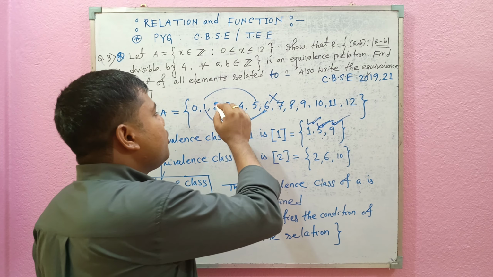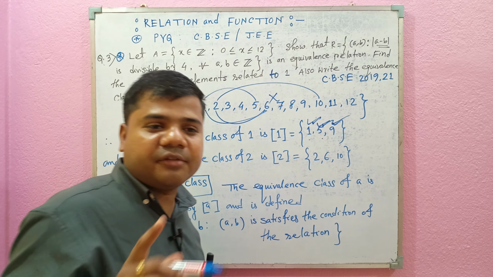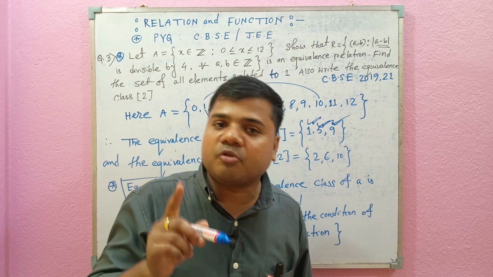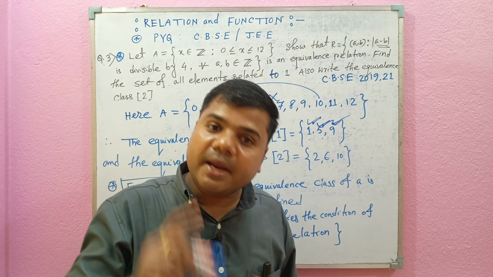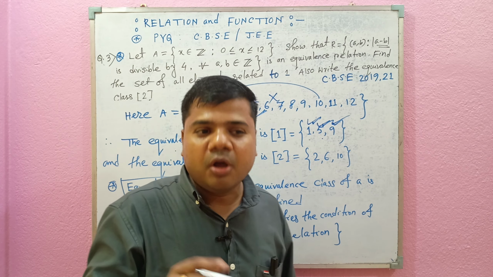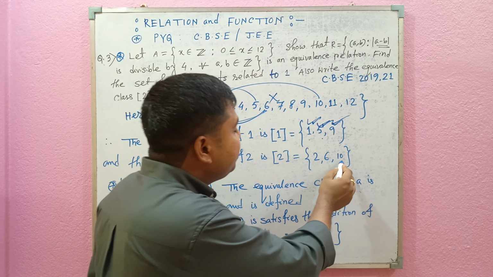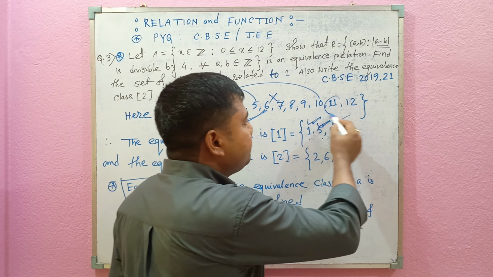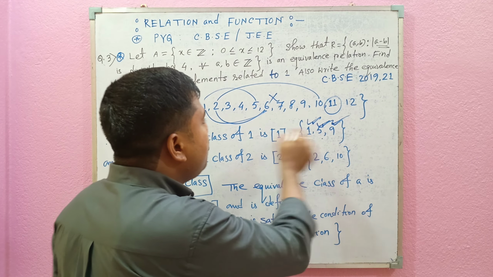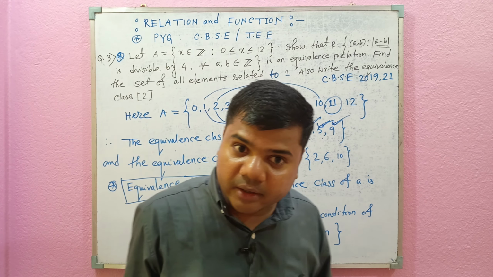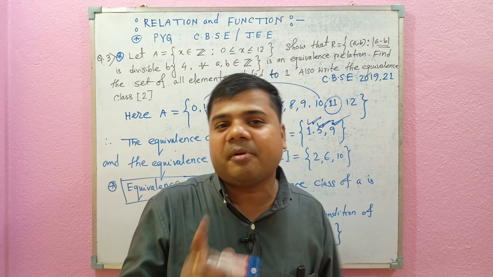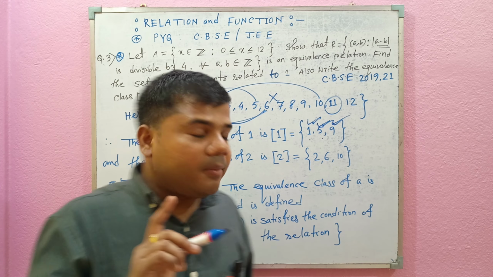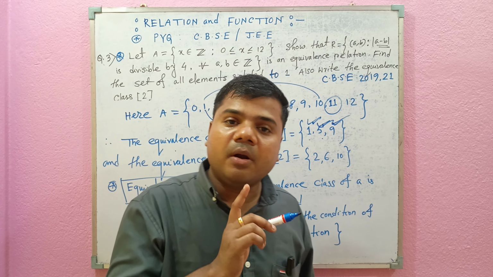And 2 minus 10, modulus of 2 minus 10 is equal to 8 and 8 is divisible by 4. So the equivalence class of 2 includes 10. Okay. If we take 11, then we have 2 minus 11, modulus is 9, and 9 is not divisible by 4. So 11 is not in the equivalence class of 2.